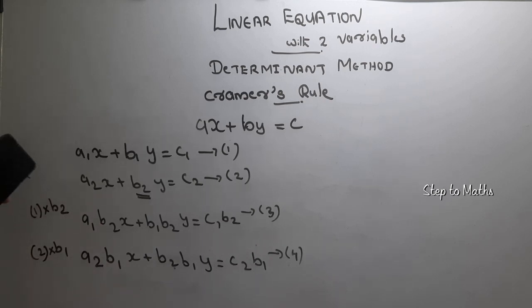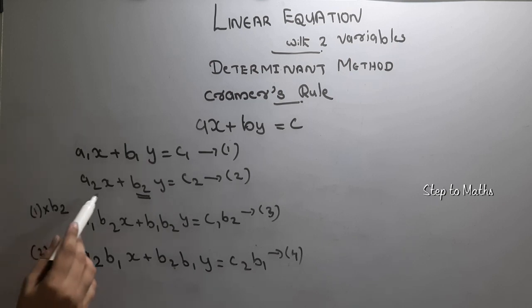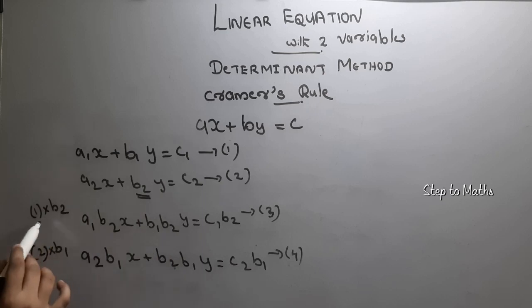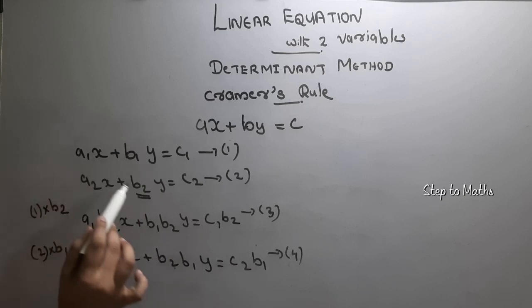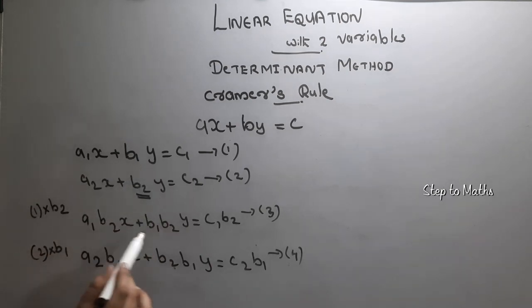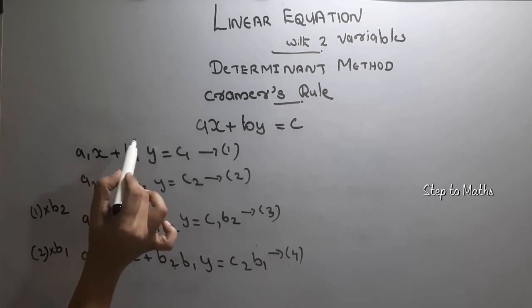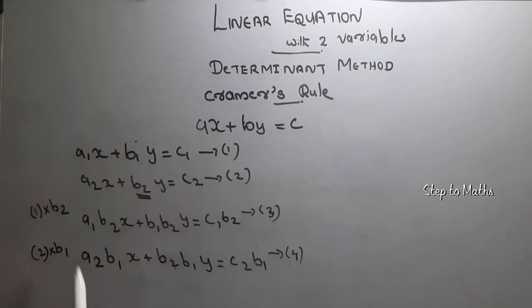Now we get two more equations. First we multiply equation number 1 by b2, the coefficient of y, and we get equation number 3. Then we multiply equation number 2 by the coefficient of y in the first equation, that is b1, and we get equation number 4.